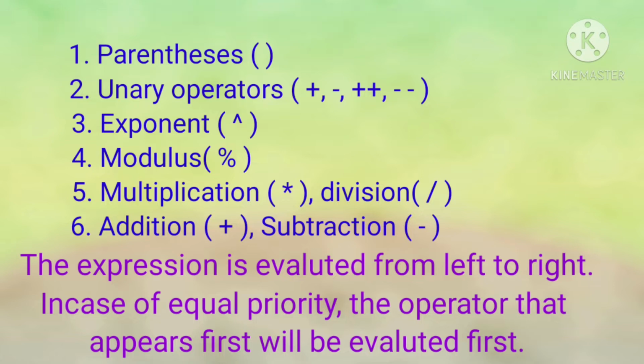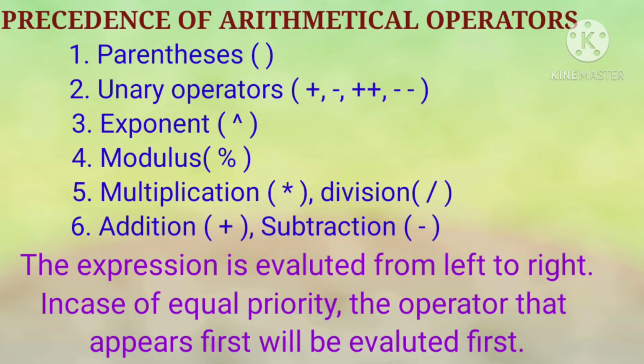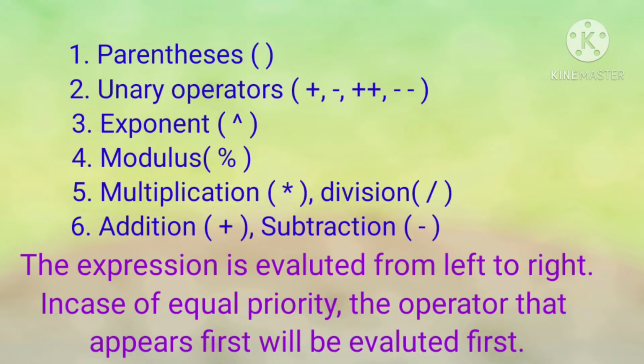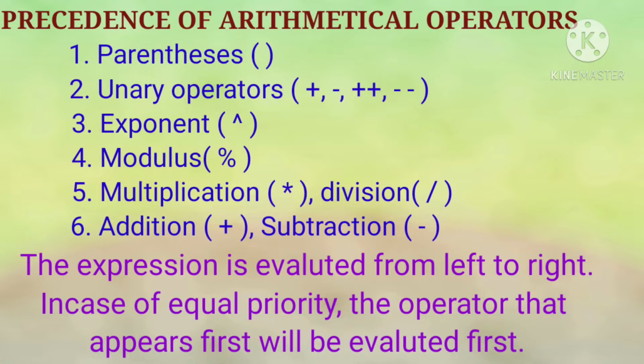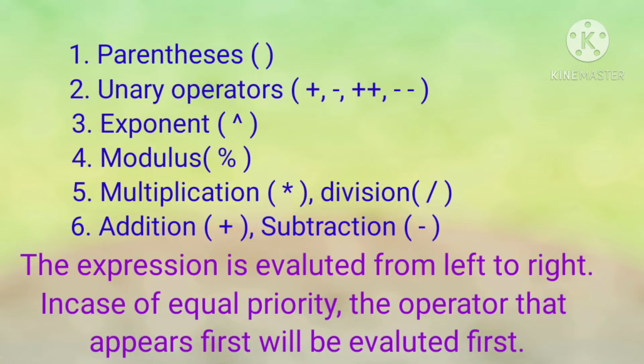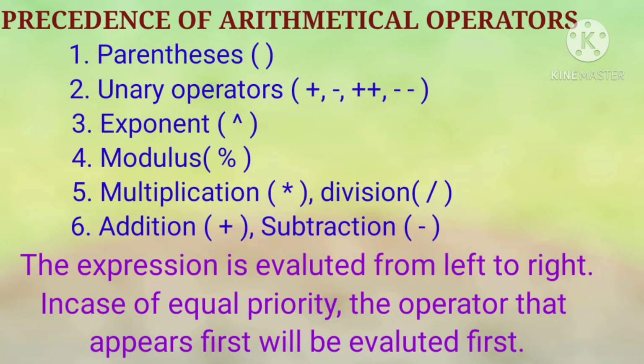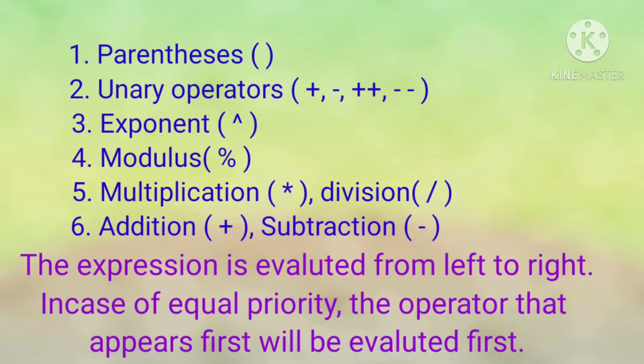Like multiplication and division have the fifth priority. Both have the same priority, so whichever comes first from the left side will be evaluated. In the same way, addition and subtraction have the same priority, so whichever comes first from left to right will be evaluated first.